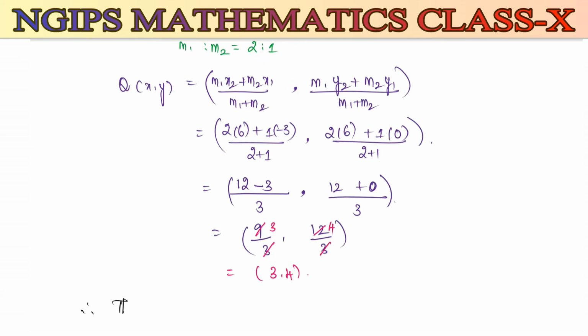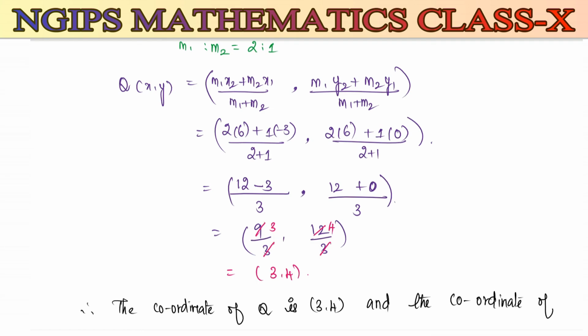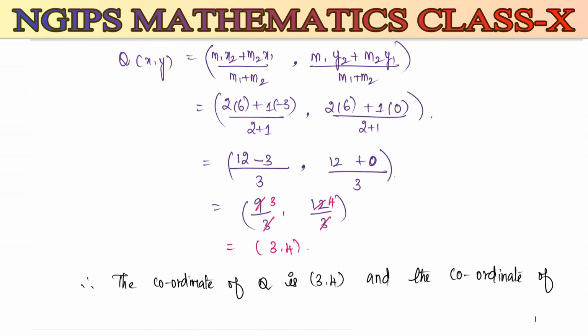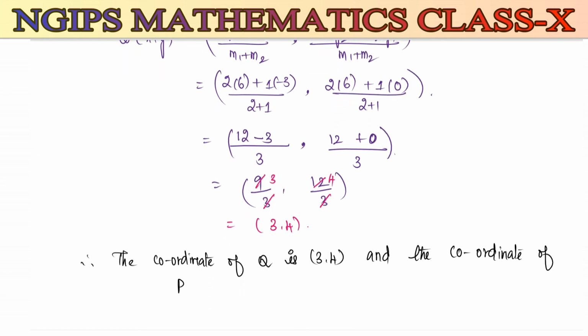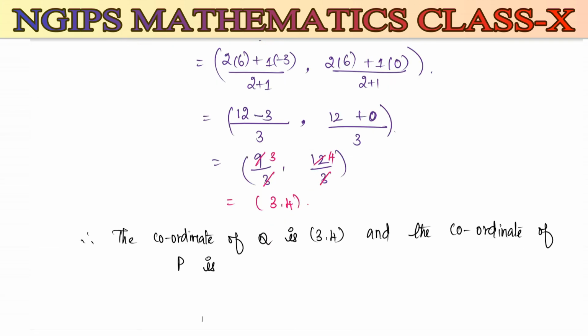Therefore the coordinate of Q is 3 comma 4 and the coordinate of P is 0 comma 2.